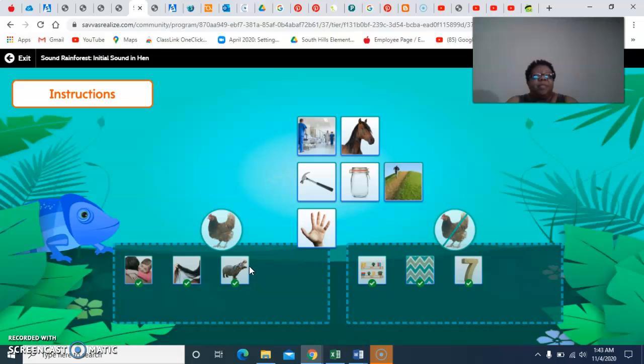Hope you're getting the pictures in the right spot and guessing the correct answers. Jar, j, j, jar. And we're doing the beginning sound for H, but when we say j, j, jar, we don't hear that H sound.